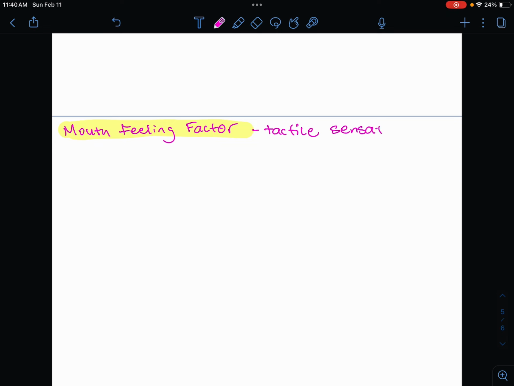For example, if you're drinking, let's say, cranberry juice, you'll have this puckering sensation in your mouth, versus if you're drinking something like seltzer water or carbonated water, you'll have this dry sensation in your mouth. That's what we mean by mouth feeling factor.